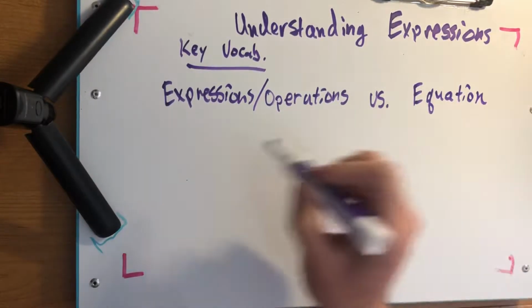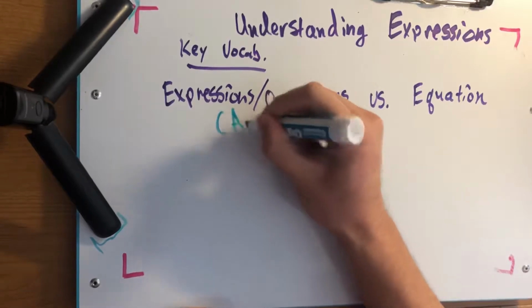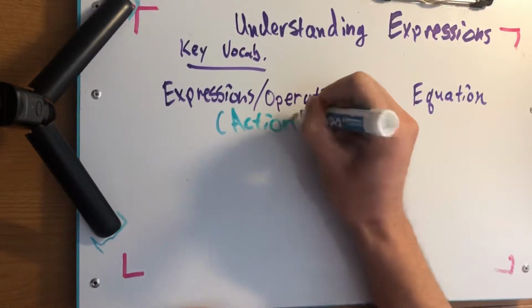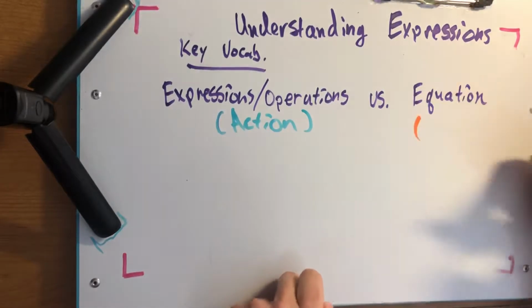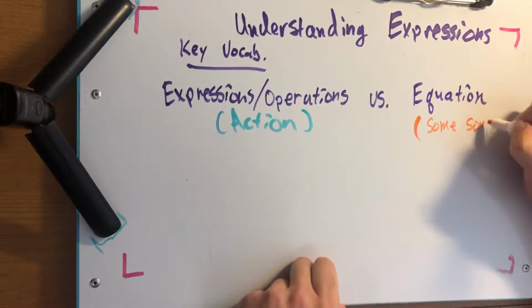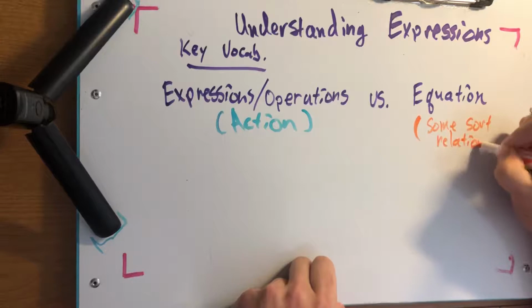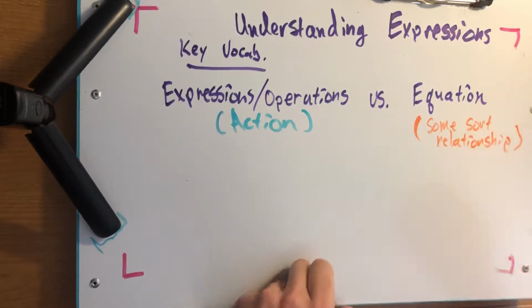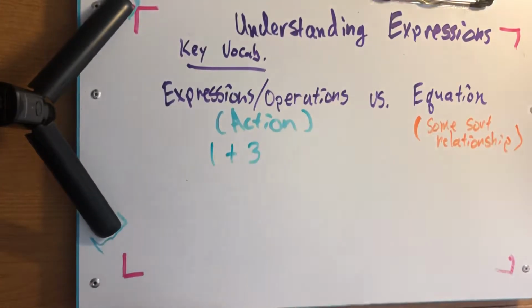So the difference between these two is that expressions just mean an action, whereas an equation means that there's some sort of relationship, which I'll explain further later. So an action could be something as simple as 1 plus 3.